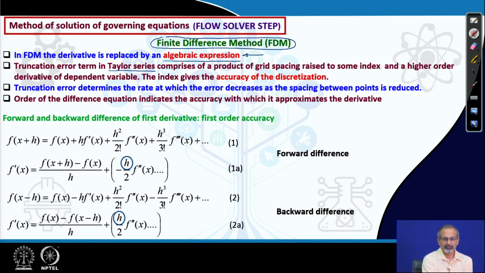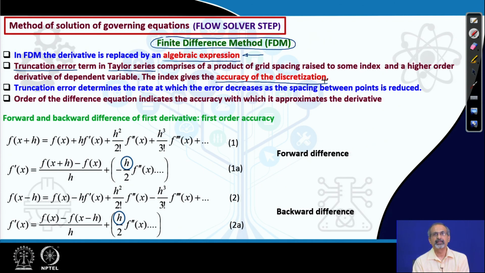And then we have to take care of the truncation error which is caused because of the approximation, and from that truncation error term we can figure out the accuracy of the discretization. The first term that we have in the truncation error gives an indication of the accuracy of the discretization.